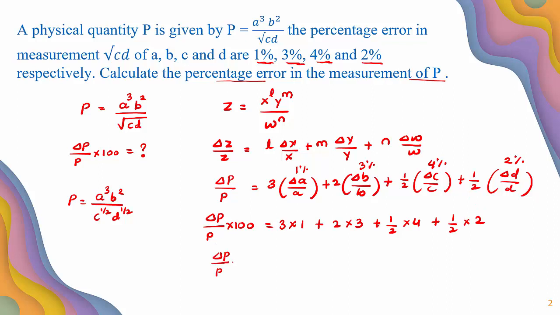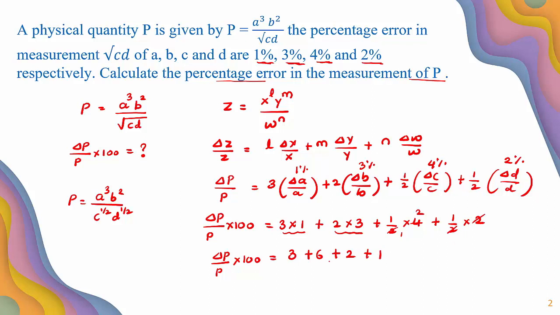Delta P over P into 100 is equal to 3 into 1 is 3, plus 2 into 3 is 6, plus 1 by 2 into 4. So 2 ones are 2, 2 twos are 4, so we can write directly 2. Plus 1 by 2 into 2, the 2 will get cancelled, 1 into 1 will be 1.